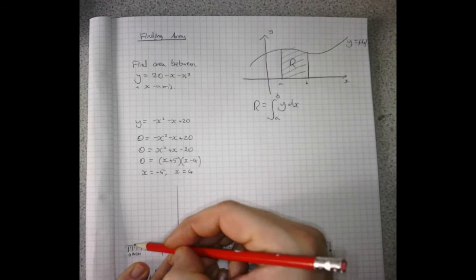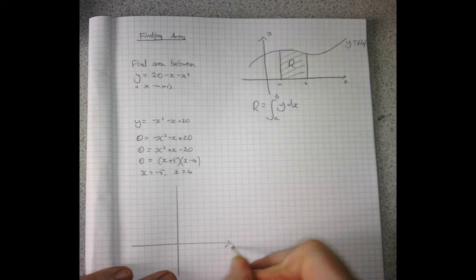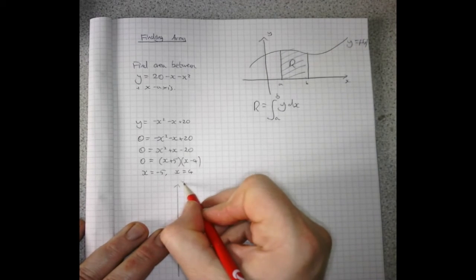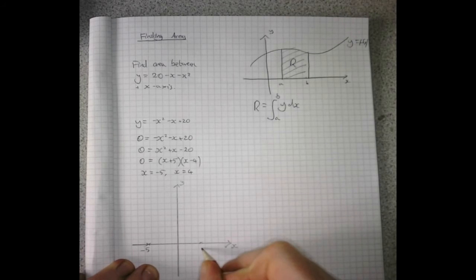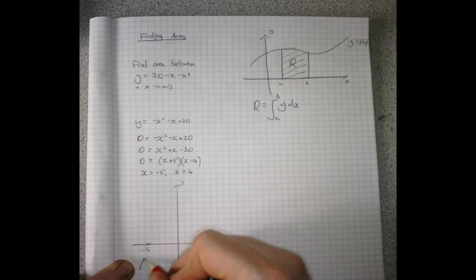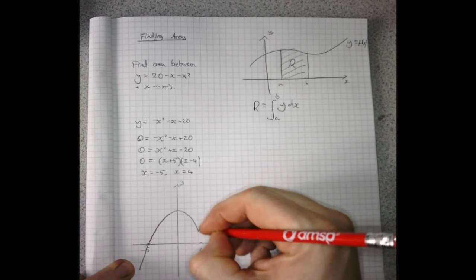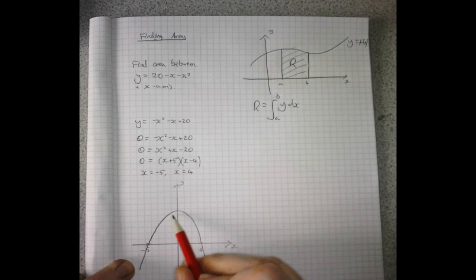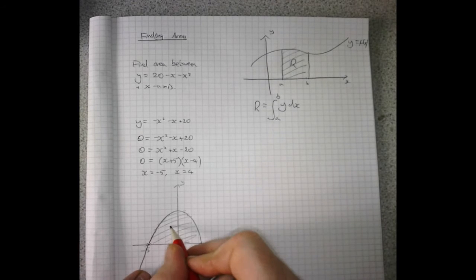I know it's a negative quadratic, I know the roots, so of course they're going to be my limits, minus 5 and 4, and it's a parabola, so this is the area that I'm trying to find.